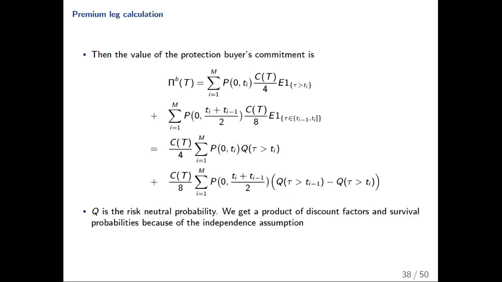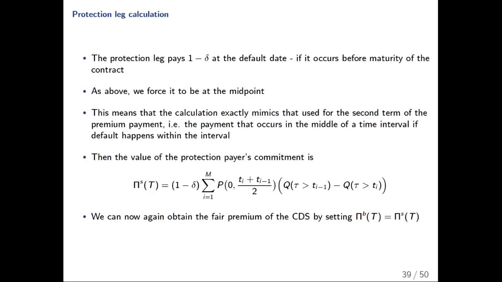Where this is just the midpoint rule. So Q is the risk-neutral probability of survival beyond t. Again, we could split up this expectation because of the independence between interest rates and default probabilities assumption. In the same way, what is going to be the expected cash flows from the seller's protection leg?